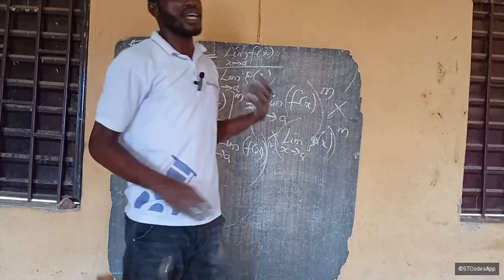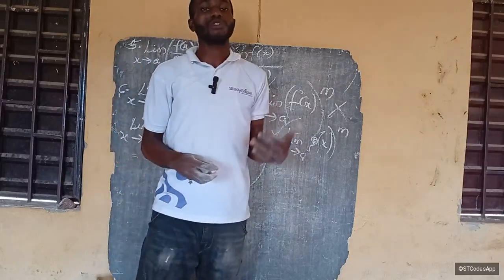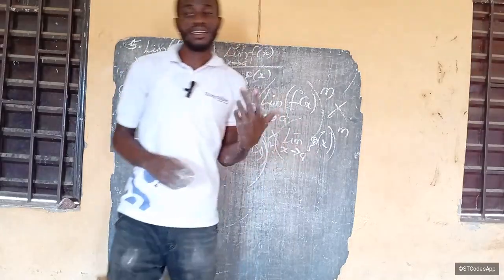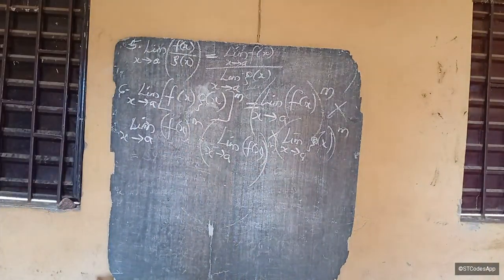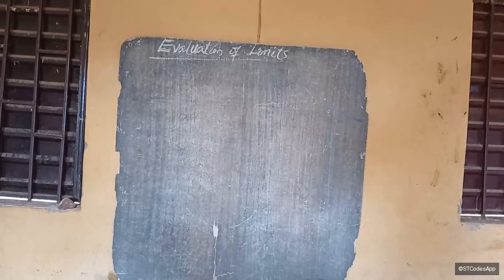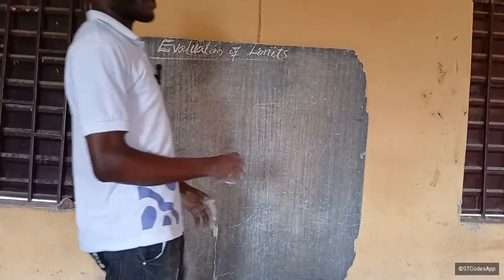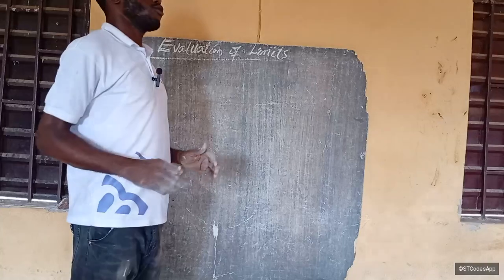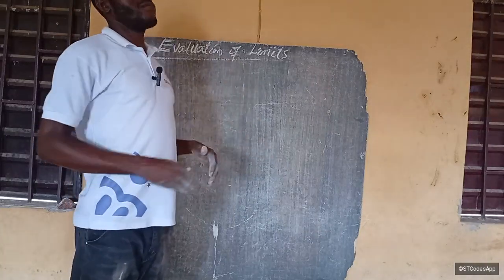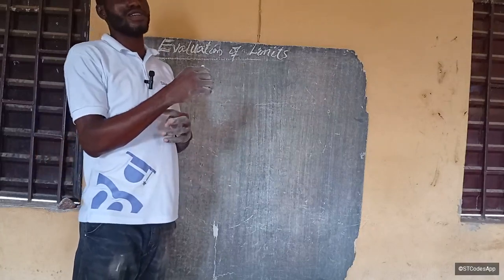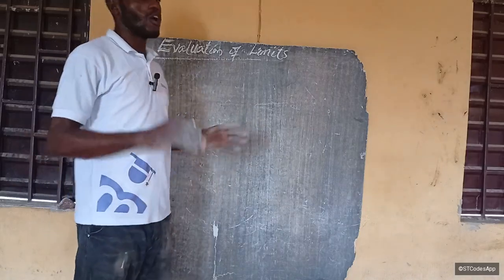Now, let's evaluate some limits. Let's see some methods of evaluating limits before we see what continuity is graphically. Just in case someone is beginning to think that to solve limits, all we have to do is just plug in the value of the variable and then we will get our answer, it is not always so.